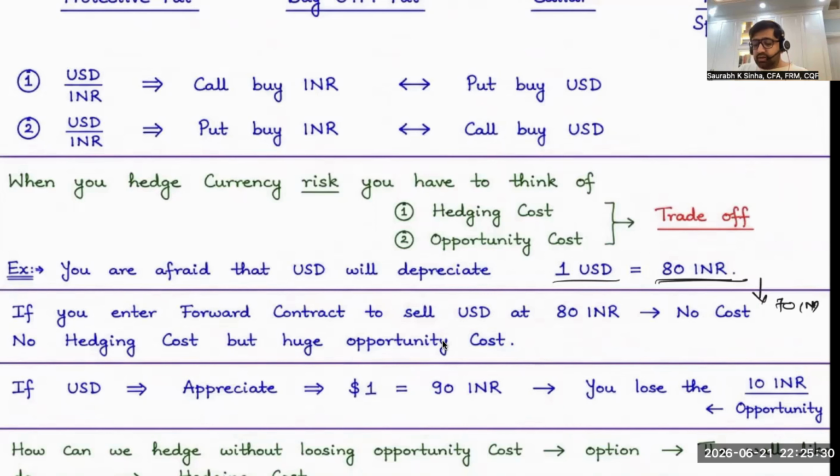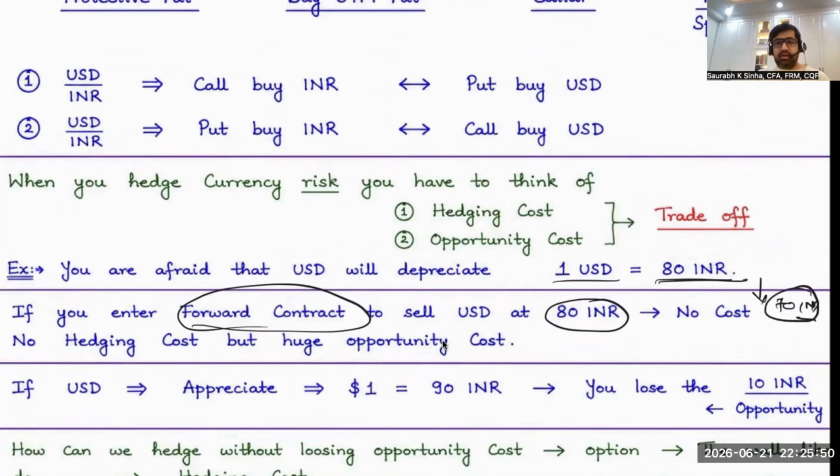Because of the forward contract, you have an obligation to sell USD at 80 INR, and the counterparty has the obligation to buy USD at 80 INR. So actually there is no risk. You will not incur the loss of 10 INR because you can sell USD at 80 INR. So what is the problem here?